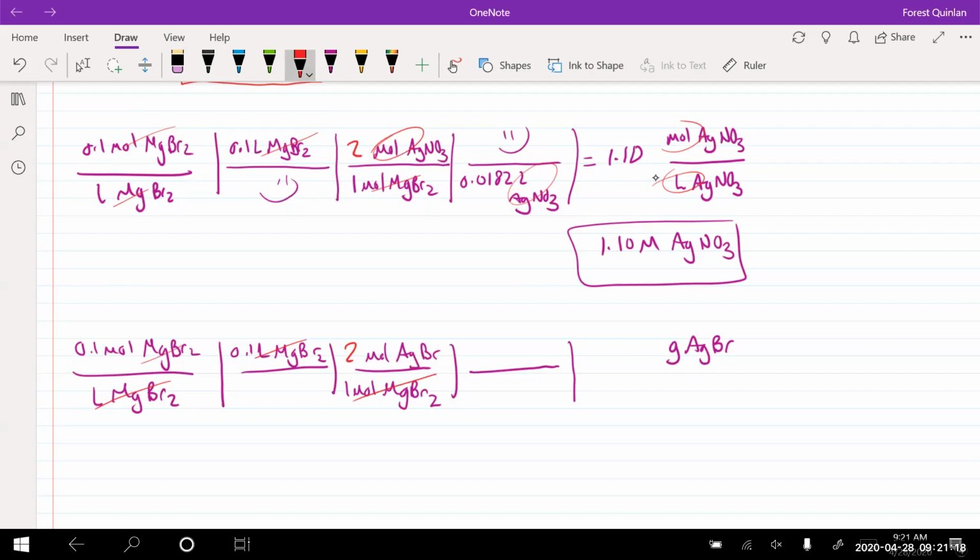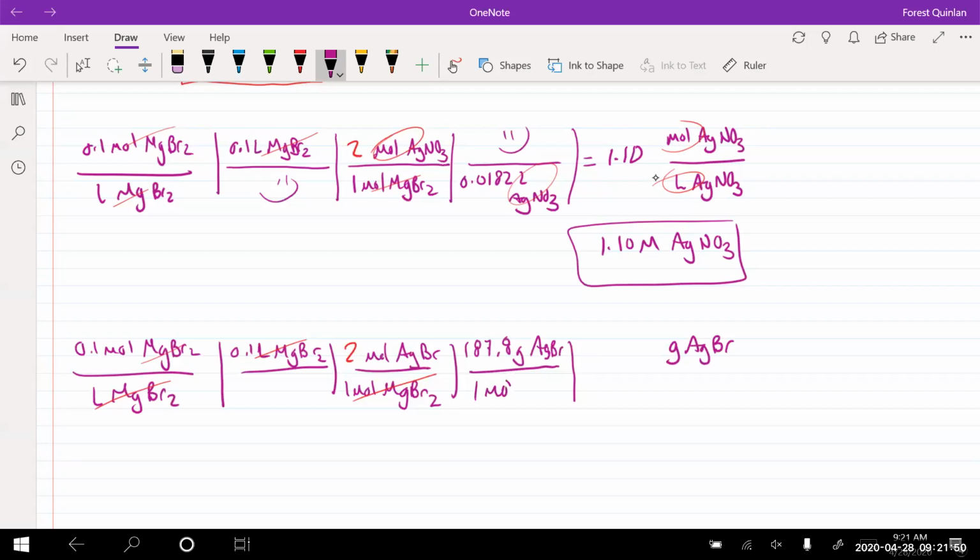We don't want moles, we want grams, but at this point, we are pros at this. We go to the periodic table. Silver is 107.9. Bromide is 79.9. So 187.8. This would be 187.8 grams of AgBr.